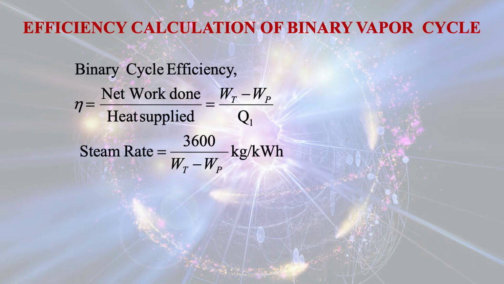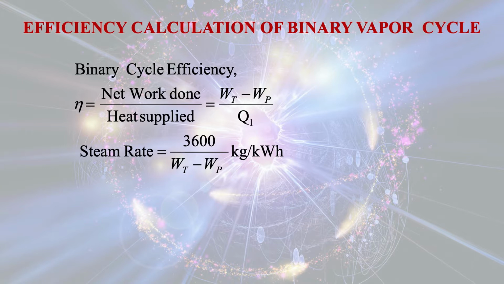So net work will be WT minus WP, and heat input Q1 also you have calculated. Once you have calculated WT minus WP, that is the output net work, and Q1 is known, then there is no problem for calculating the efficiency, that is equal to net work done divided by the heat supplied, that is equal to (WT minus WP) divided by Q1.